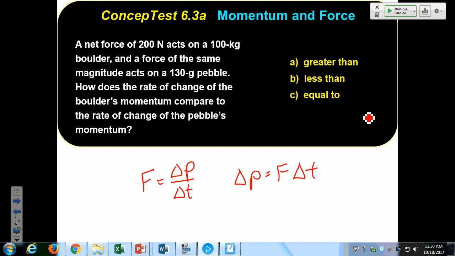But notice here that the force is 200 newtons for the pebble and for the boulder. Also, the time is the same. It's the same amount of time on both of them. So our force is the same, and our time is the same, so our delta p is going to be the same for both. Our change in momentum for both the boulder and the little stone are going to be the same.